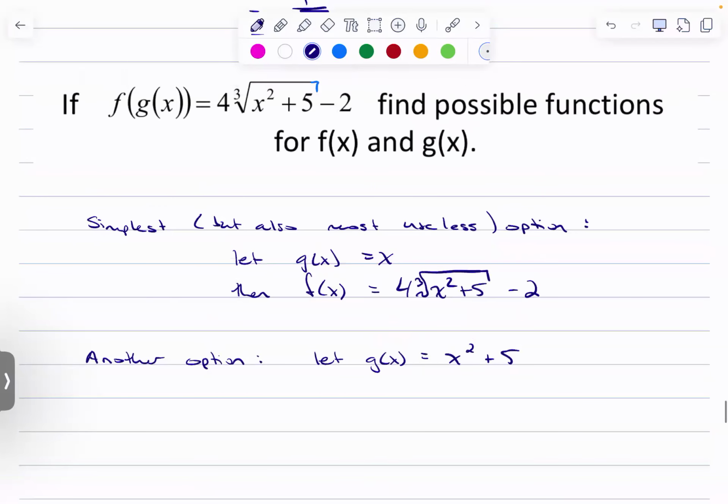In that case, f of x would have to be, because it takes g of x as its input, 4 times the third root of x minus 2.